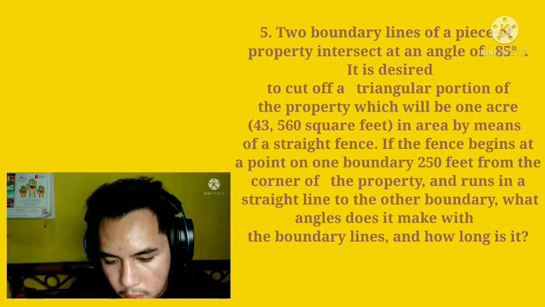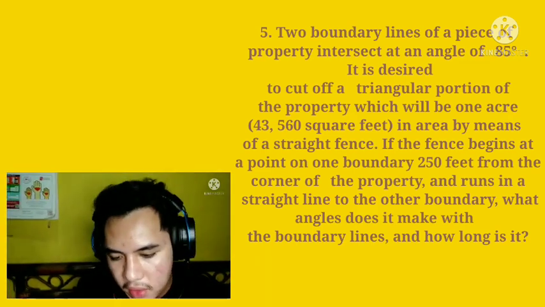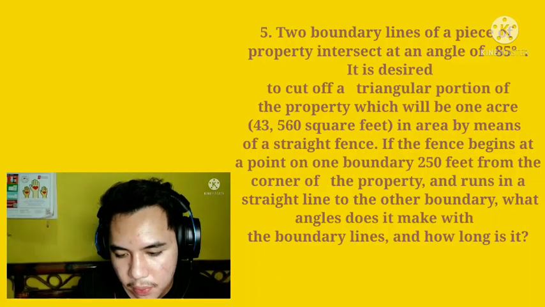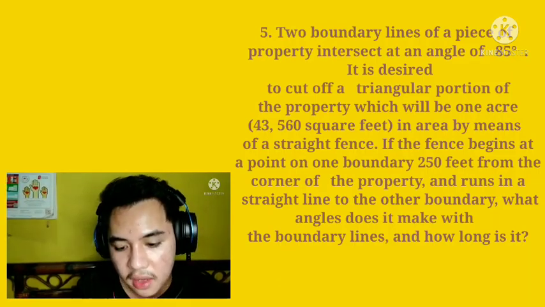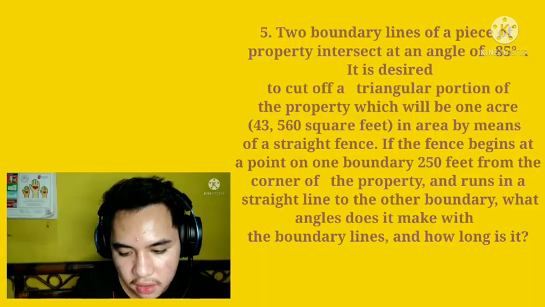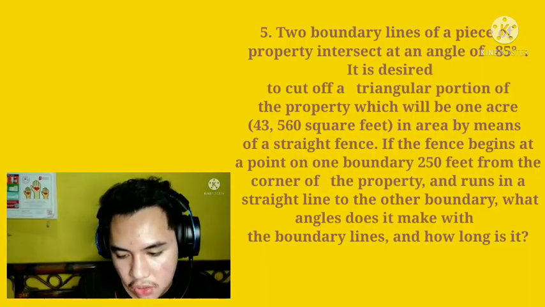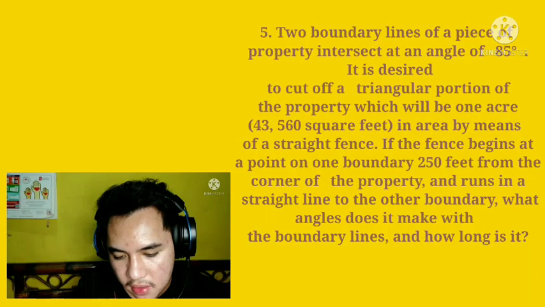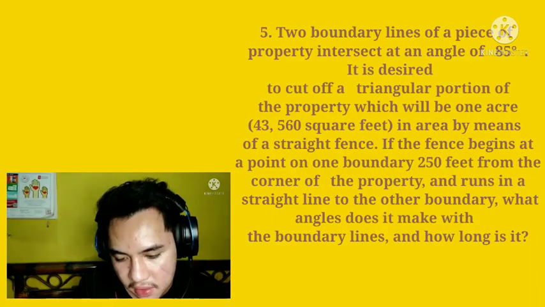So for our problem number 5, two boundary lines of a piece of property intersect at an angle of 85 degrees. It is desired to cut off a triangular portion of the property which will be 1 acre, or 43,560 square feet in area, by means of a straight fence.